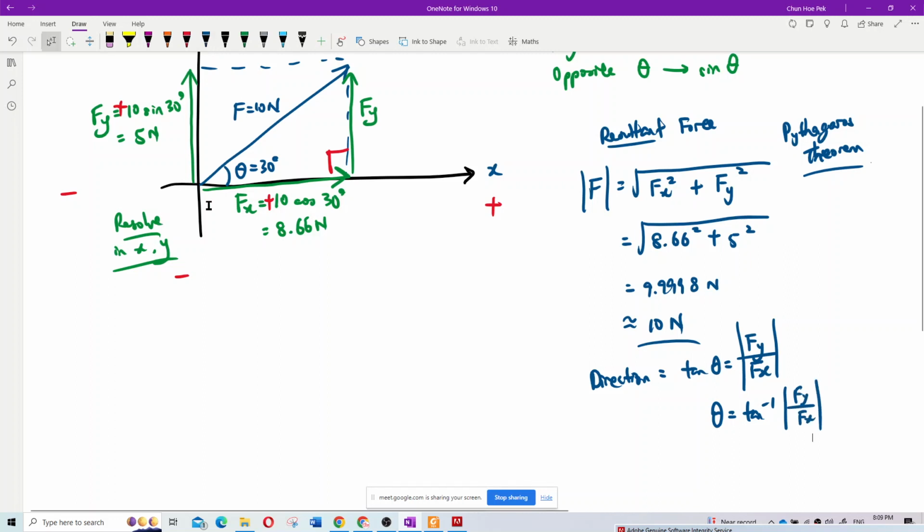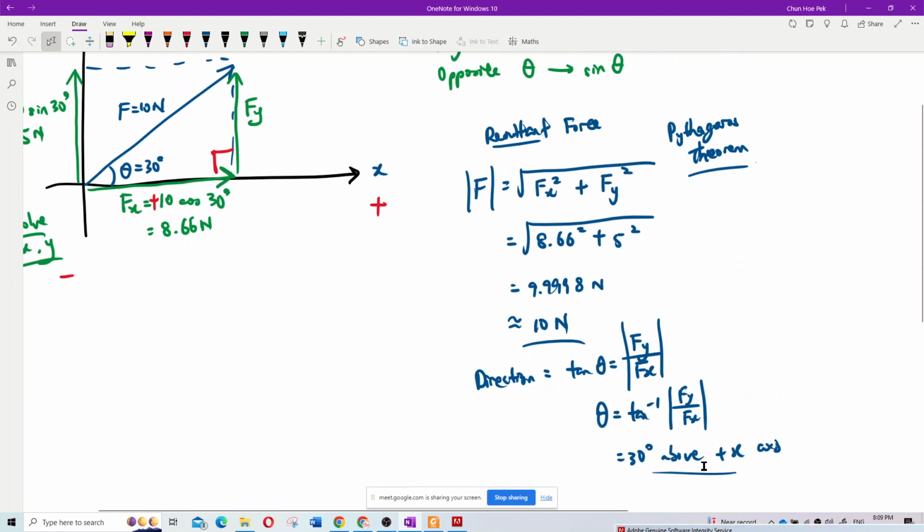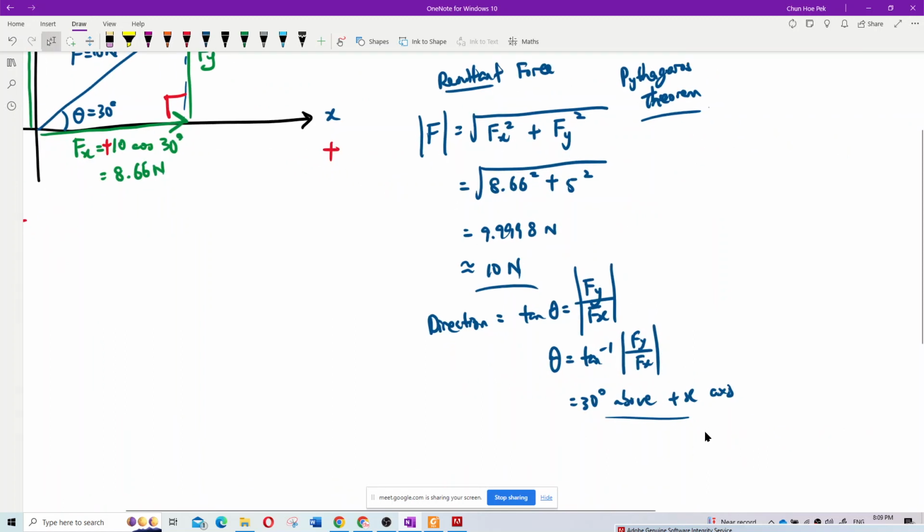Actually, we know the angle theta already, so this direction is 30 degrees above the positive x axis.